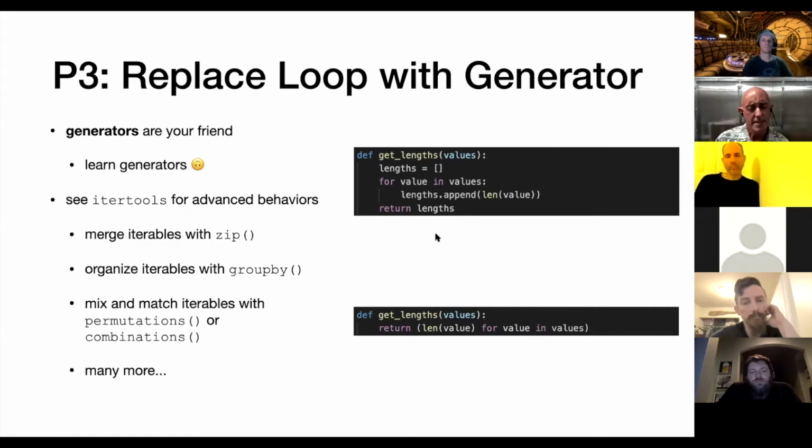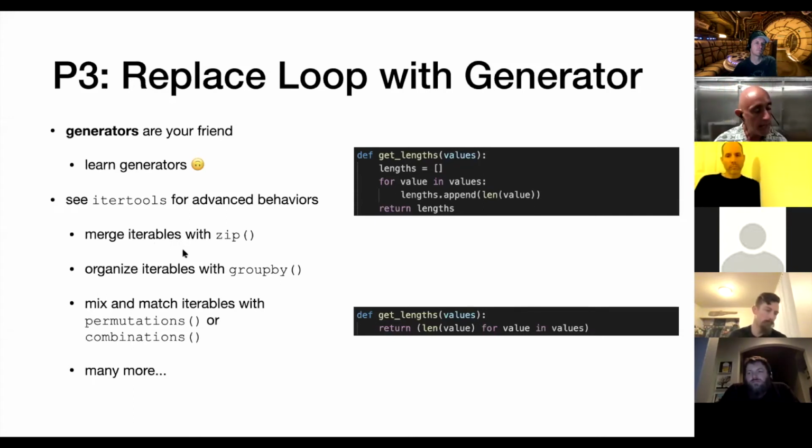There's so many things that you can do with iterables, like lists and dictionaries and anything that can be iterated. The itertools package is basically a bunch of meta patterns for iteration. So things like taking two lists and merging them into a single list, or grouping things by name or by age or whatever, finding combinatoric combinations of things.